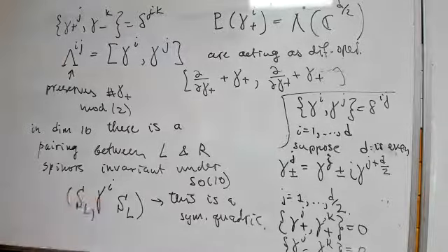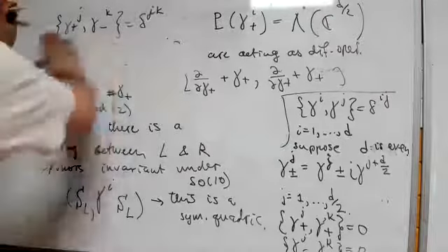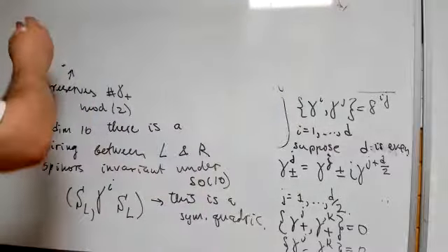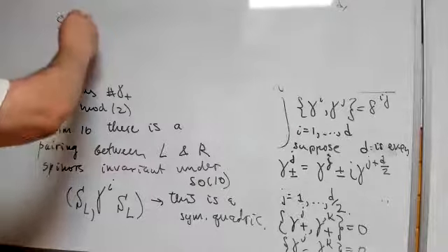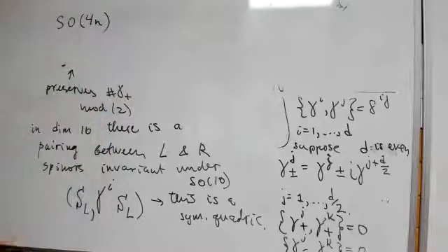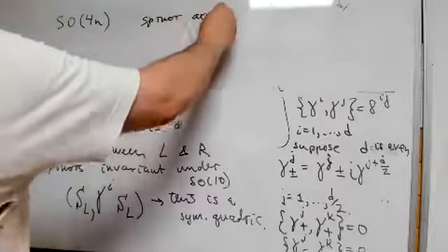So it's a question of duality between representations. In particular, in the group SO4N, spinors are self-dual.